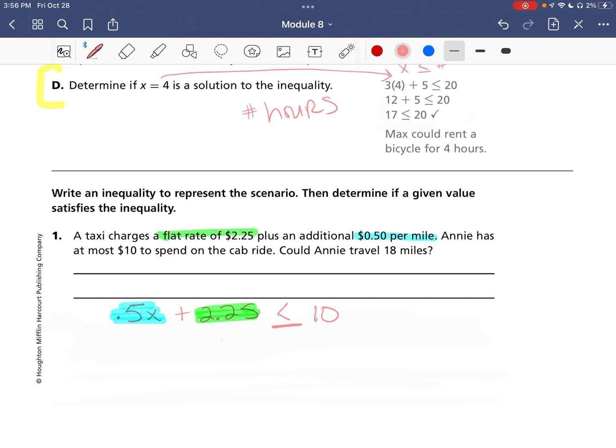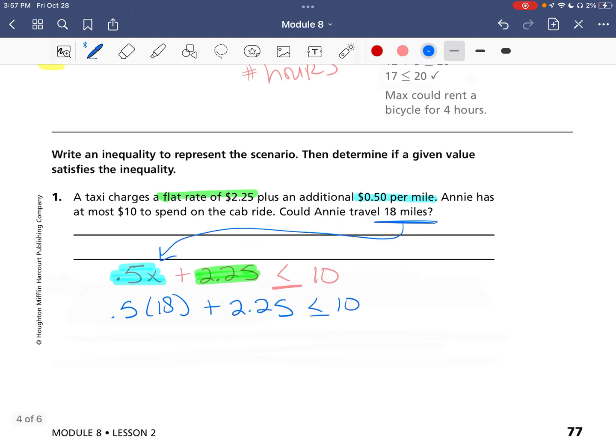So when we have our inequality like this, we can plug in what we know here. So we're trying to see if 18 miles works. So we're going to plug that in for our x. So 0.5 times 18 plus 2.25 is less than or equal to 10.